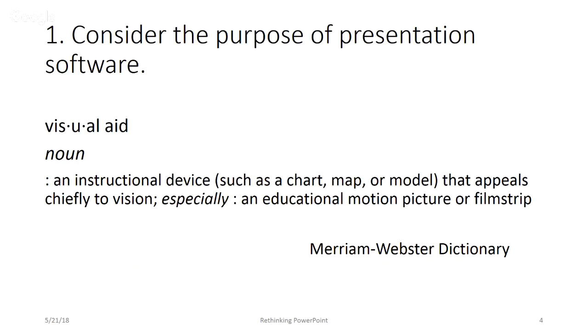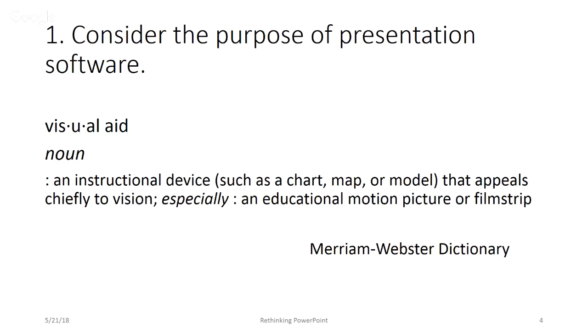And I think if we change that thinking a little bit and we consider this as a visual aid, where I, as the instructor, am a necessary component to the understanding of the material, it changes the way that PowerPoint's used. And I like this definition of visual aid that I found, because it talks about film strips.